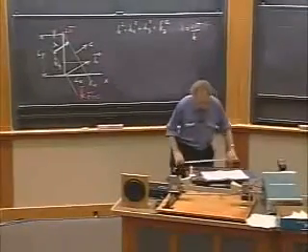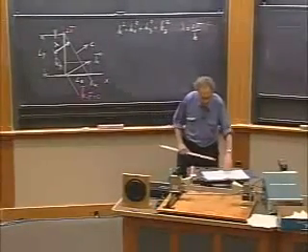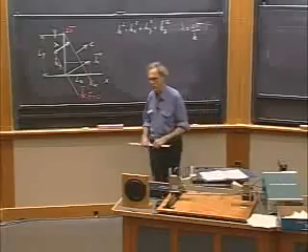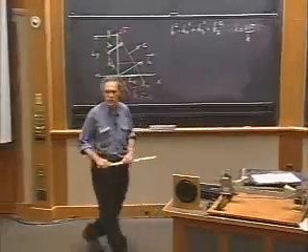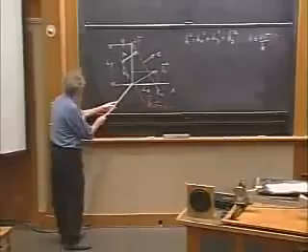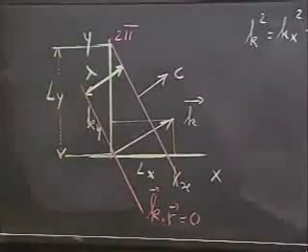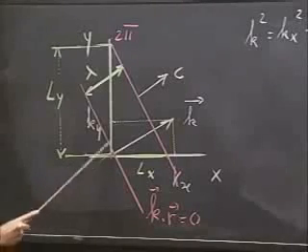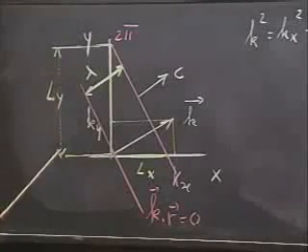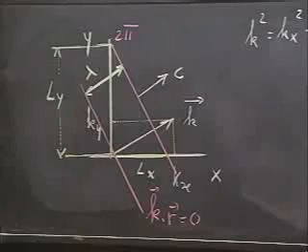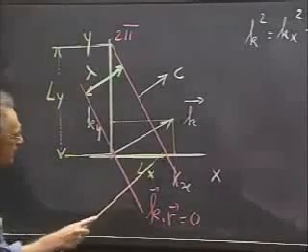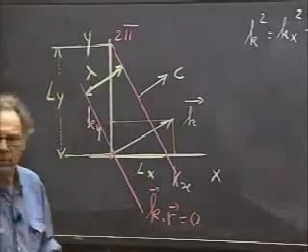Now look at the intersection of this wave with the y-axis. This wave intersects here, and it intersects there. And so the distance from here to here is Ly, which is way larger than lambda. And the same is true for the distance in the x direction, which is also larger than lambda.